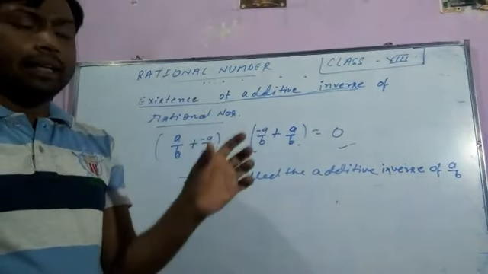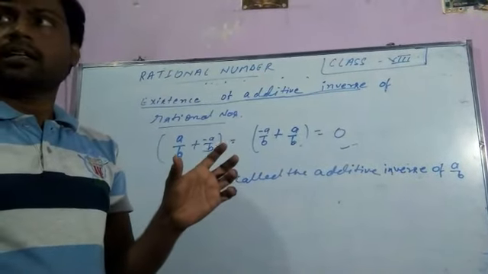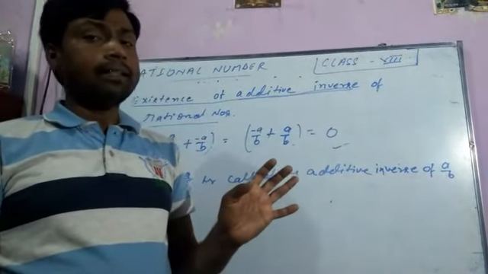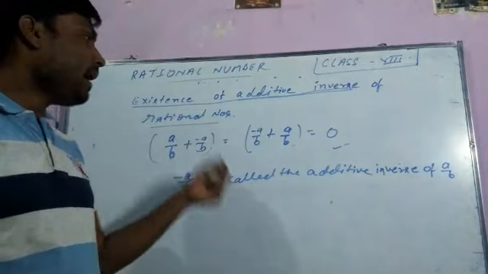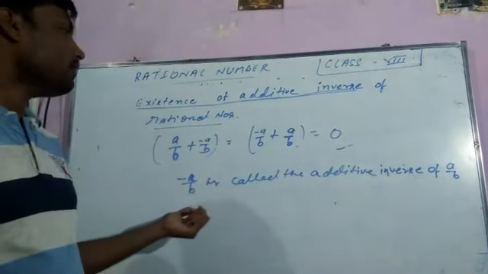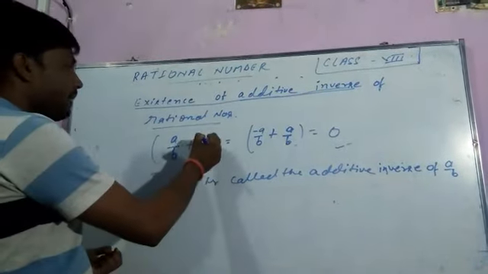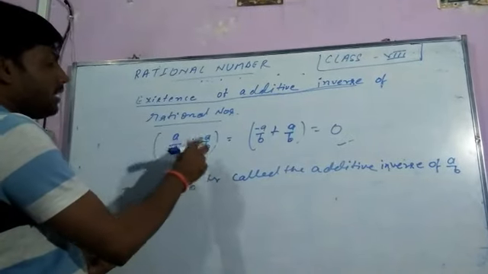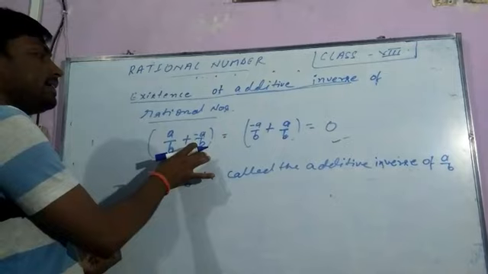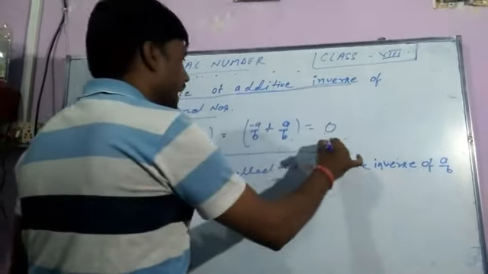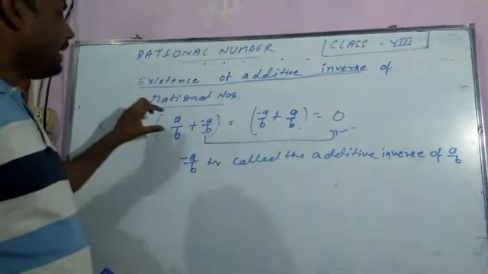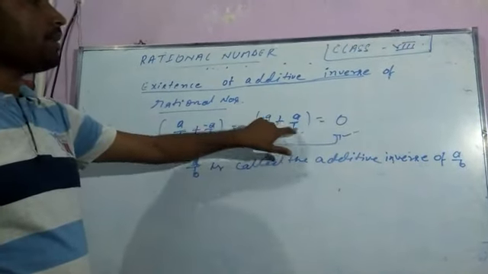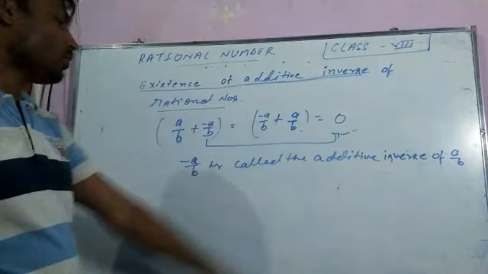If we add two numbers and we get the result 0, that is called the additive inverse. But we have to learn about rational numbers. That is the same thing. a by b plus minus a by b. If we add and we get the result 0, then that is the additive inverse. And minus a by b plus a by b is equal to 0, then also.